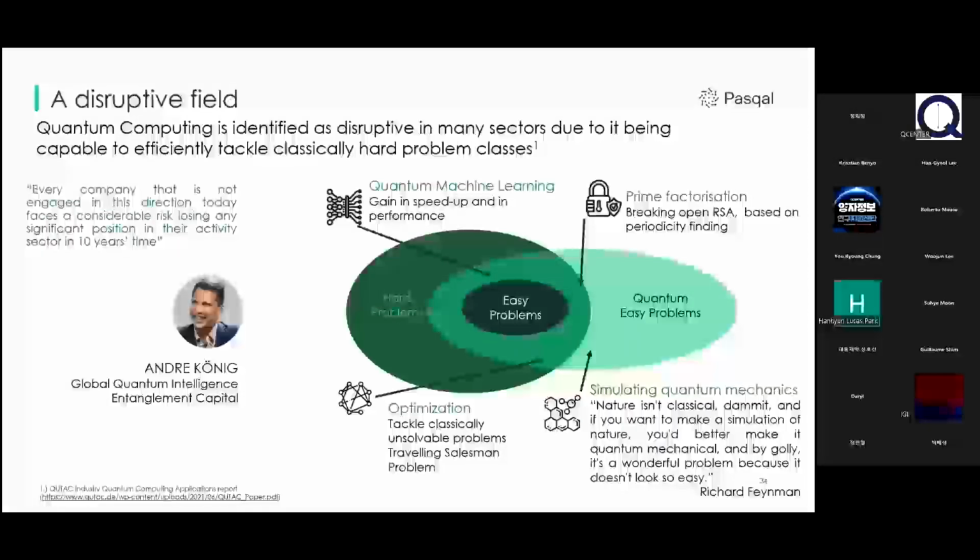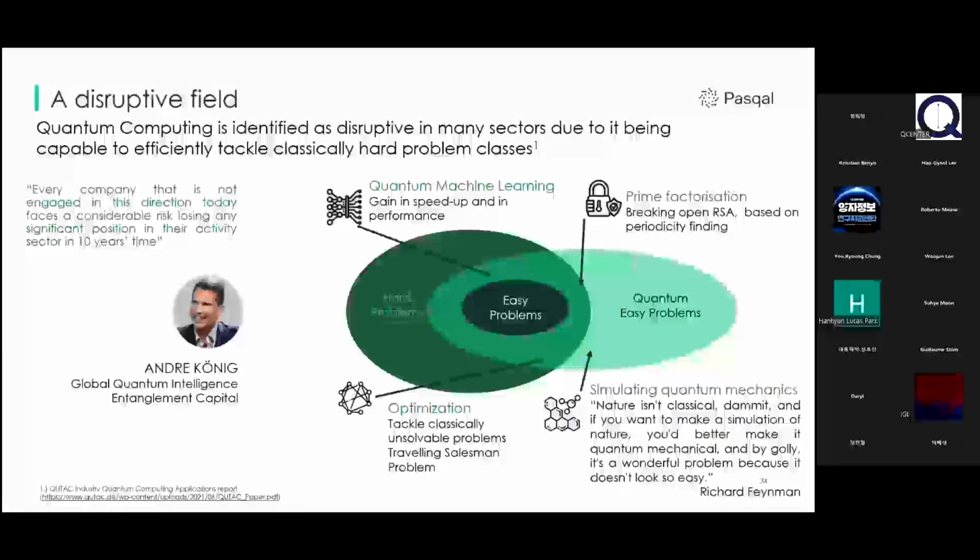That was the initial field. And with the operation of quantum computers, quantum complexity theory has been born, which tries to classify problems based on how complicated it would be to solve them with near-term, so noisy intermediate scale quantum computers, or how difficult it would be to solve with fault-tolerant quantum computing.